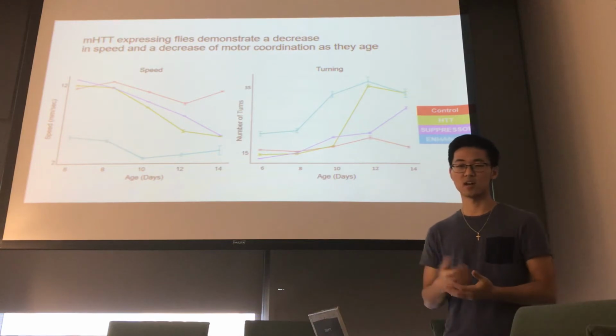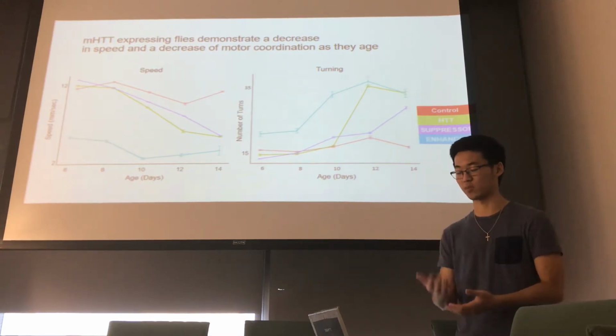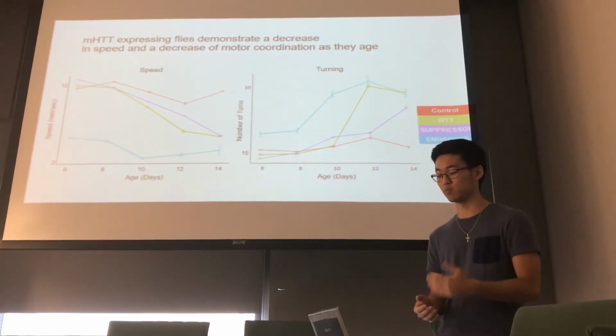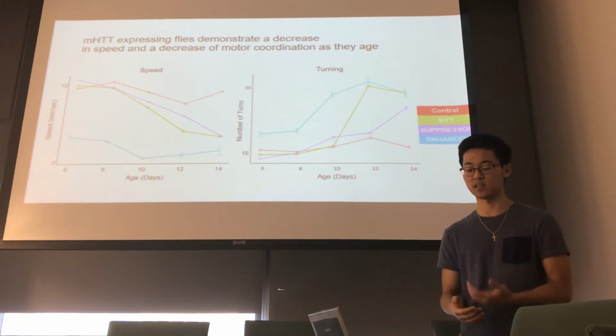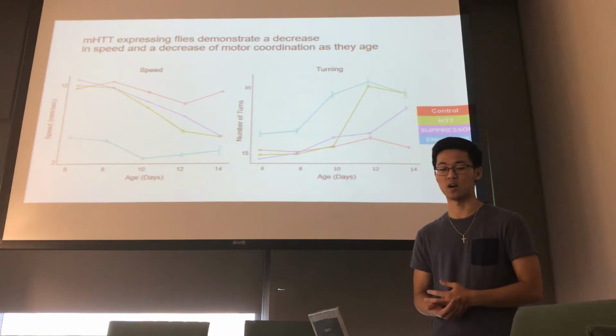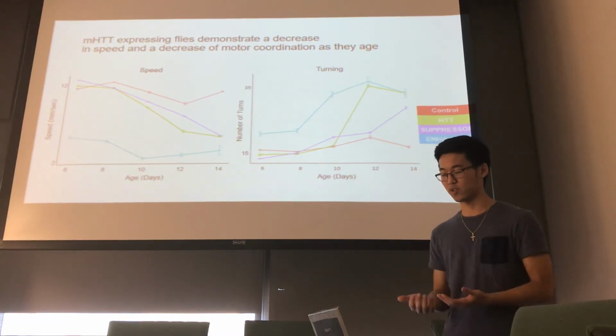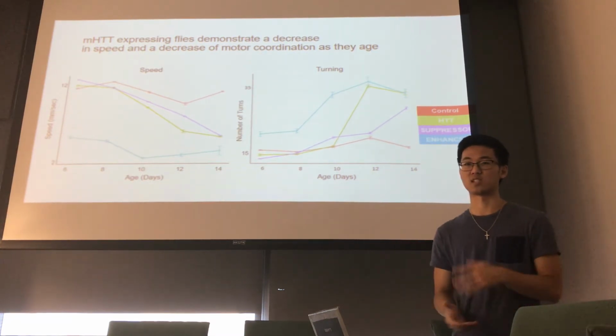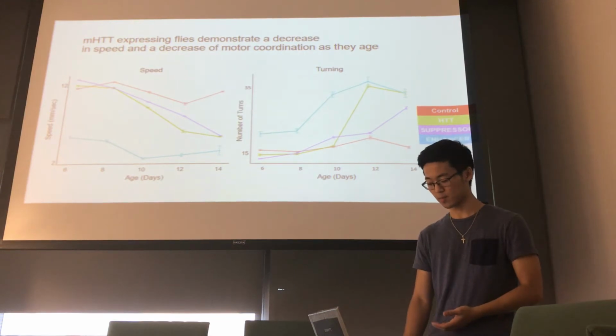Modifiers that are suppressors will show a phenotype somewhere between the control flies and the flies that express mutant huntingtin, and modifiers that are enhancers would show phenotypes that are worse than that of the flies that express mutant huntingtin protein.